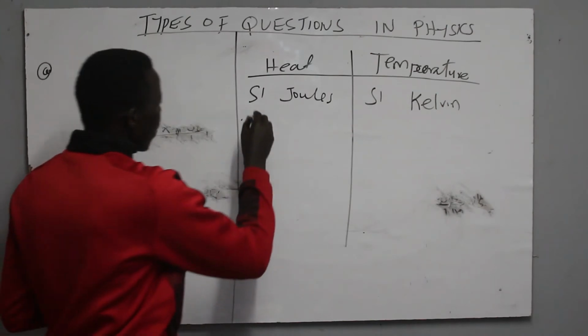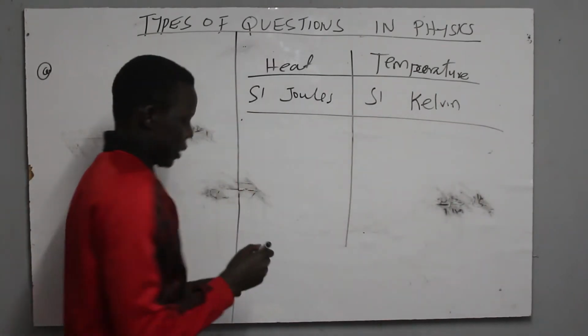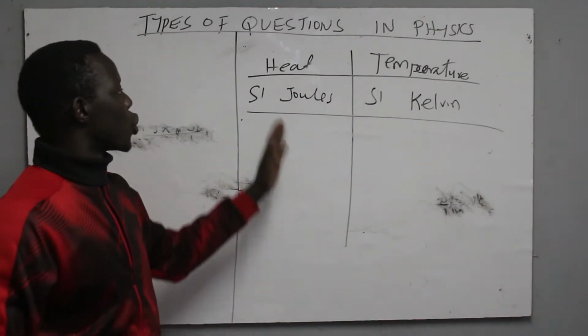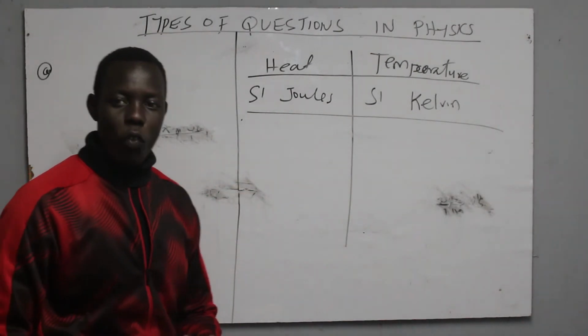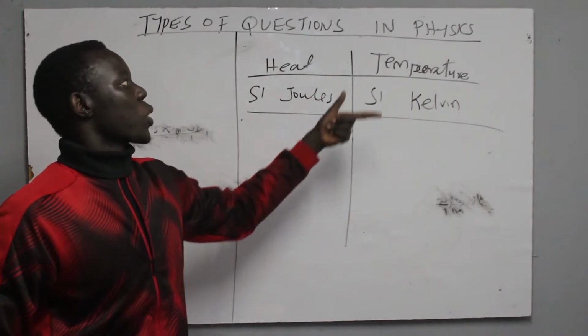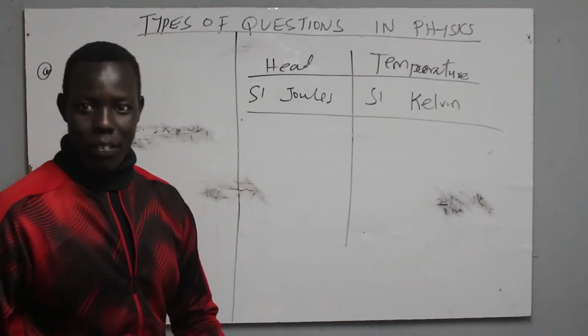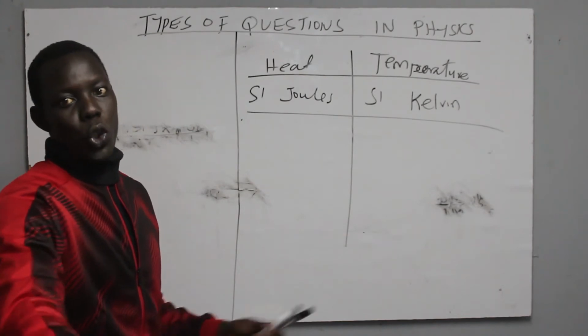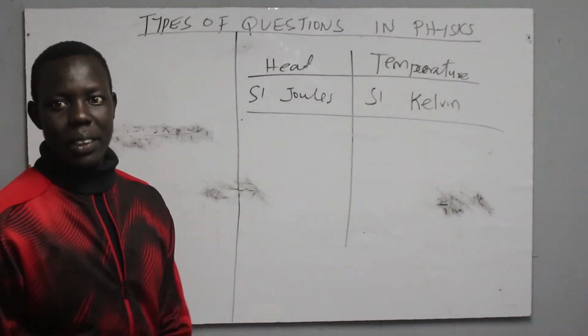Then the student moves to the next point. This one, the student has to look for a word to join the 2. The SI unit of heat is joules. The SI unit of temperature is Kelvin. In a statement form, look for a statement to join the 2. So you give a difference.